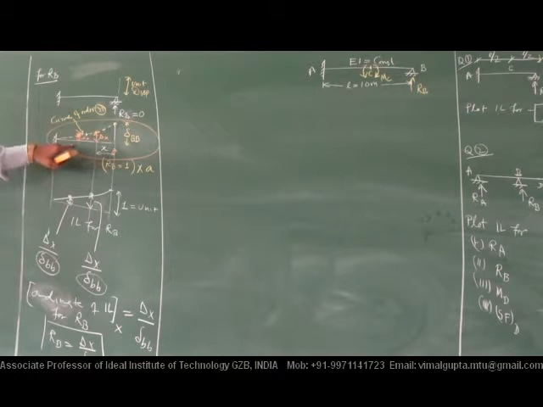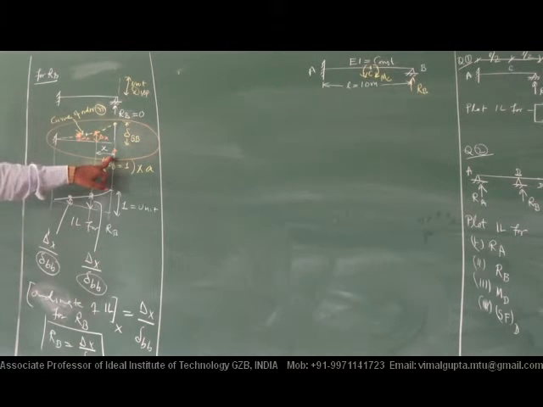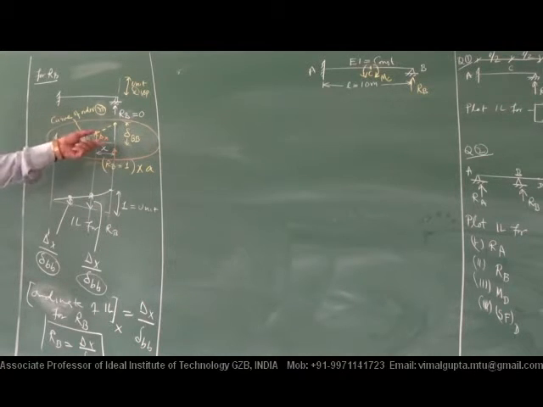It is the released structure having a unit point load at the point where IL is to be plotted. We have to concentrate on that beam and calculate deflection.